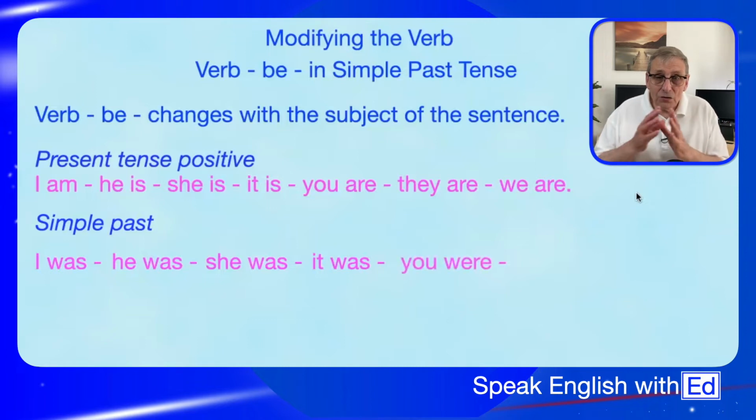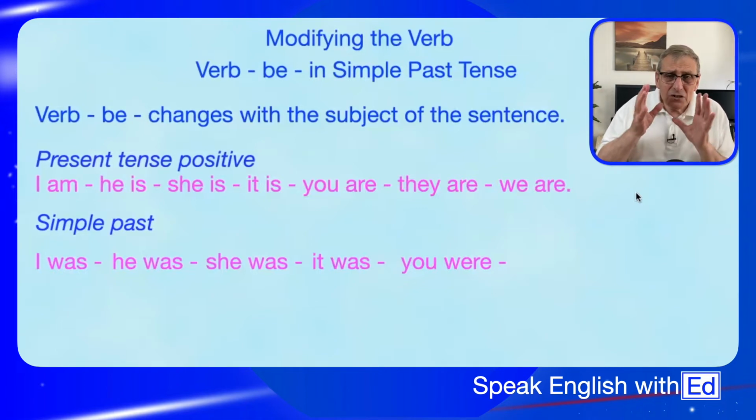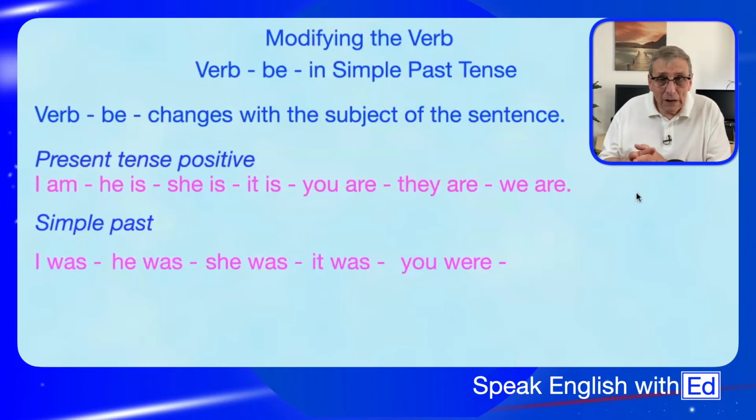When you get onto plurals, then you use were. So you were. Well, you is just a little bit different because it's both singular and plural, but both versions carry the same verb. They both use were.